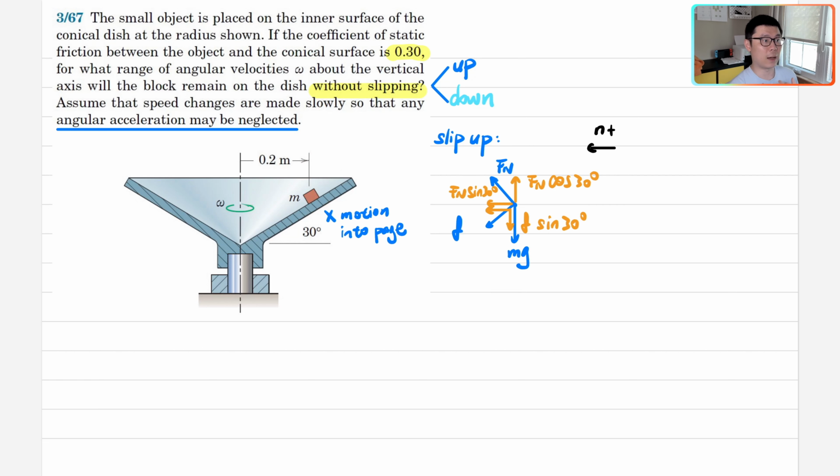Because I'm on an iPad, I can zoom in, but in the exam, when you're handwriting, make sure you make it large. I'll give you plenty of space. So you'll have an F cos 30 degrees. Okay, this is a slip up situation. For the slip down scenario, how would you redraw your free body diagram? Feel free to pause here and give yourself a try.